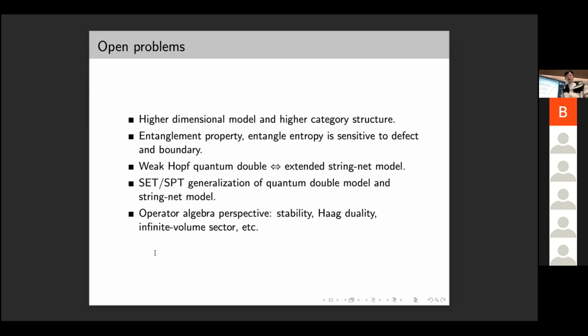And there are also some questions about the generalization of this quantum double model and string-net model. We're also working on the operator algebra perspective.